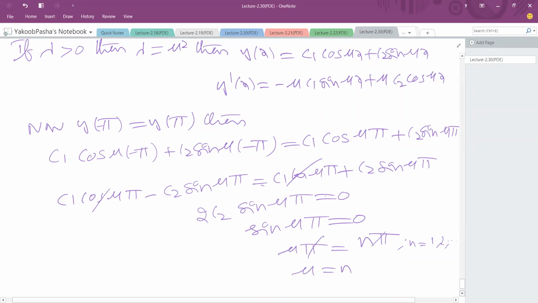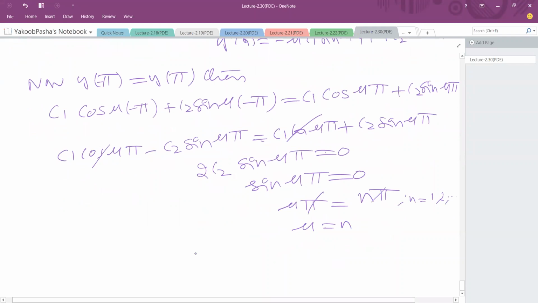Mu is equal to n means actually lambda value we need to find. Lambda is equal to mu square, mu square means n square, for n is equal to 1, 2, etc. So these are the eigenvalues. What are the eigenvalues here? Lambda n.